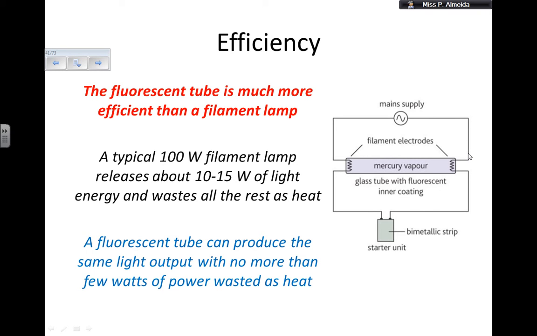A fluorescent tube, on the other hand, can produce the same light output with no more than a few watts of power wasted as heat. So efficiency overall is higher when I use fluorescent tubes and use the excitation and de-excitation of atoms instead of using the electrons going around in a piece of wire and heating up the wire because of resistance.